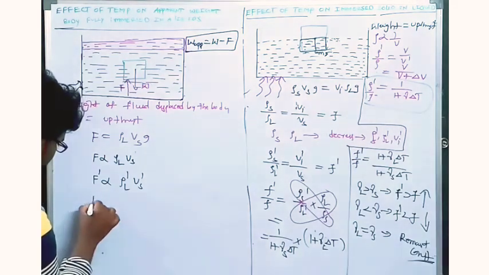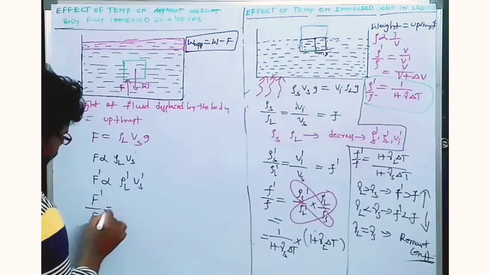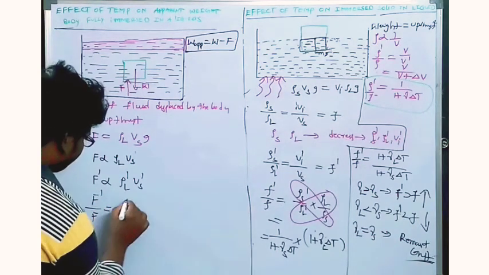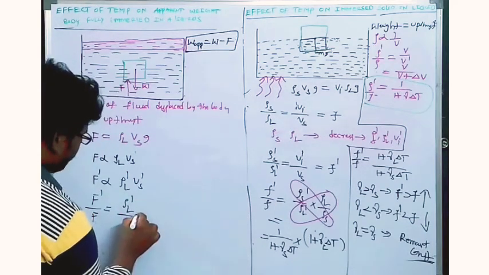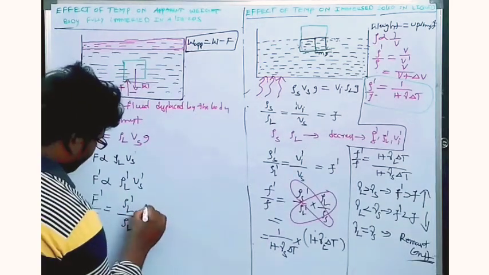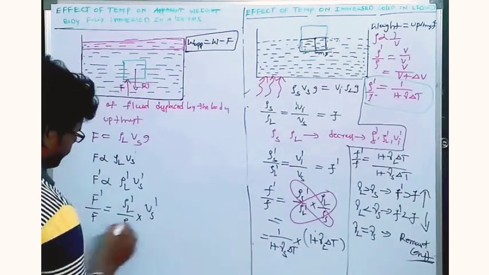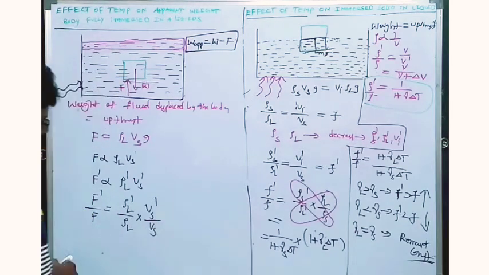Now F dash by F is equal to rho L dash by rho L into Vs dash by Vs, right?